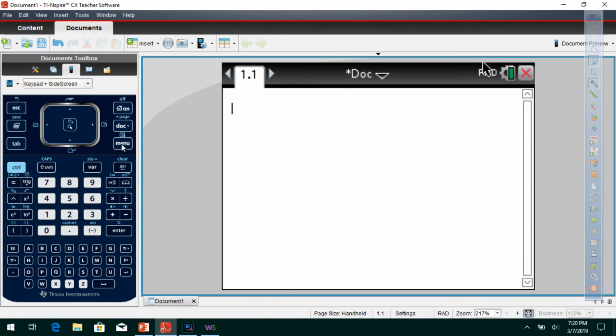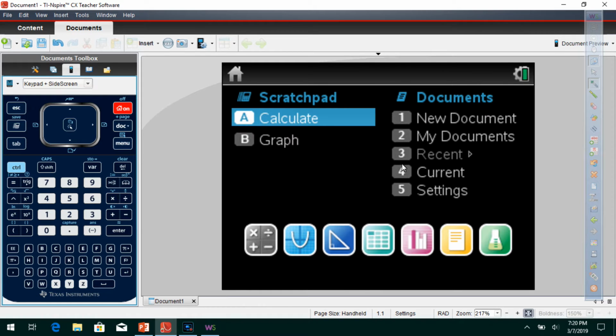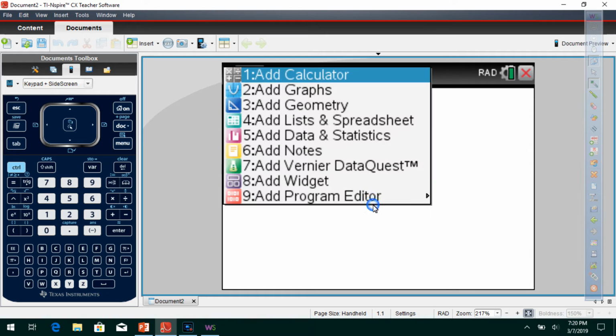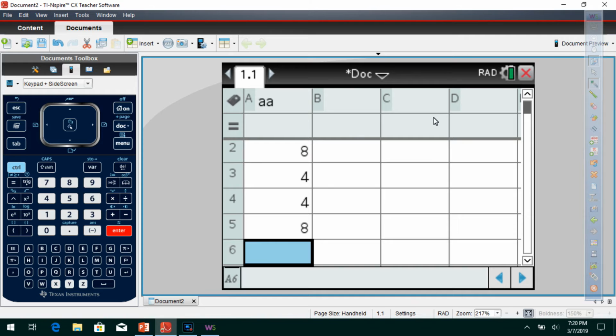So we're going to go in here and menu, new document, no, and then lists and spreadsheets, and we'll just call this AA. All right, and then let's go down and we'll type those in. 4, 8, 4, 4, 8, 6, 9, 7, 7, 10, 7, and 8.